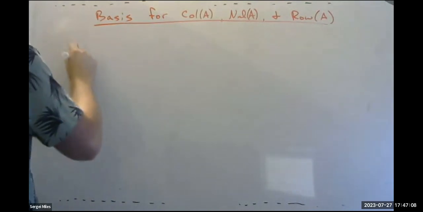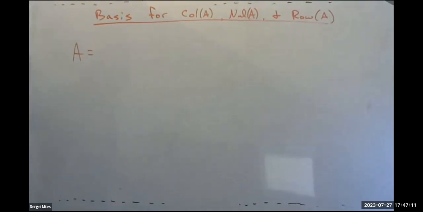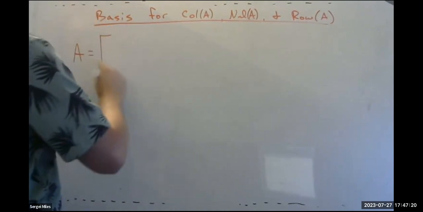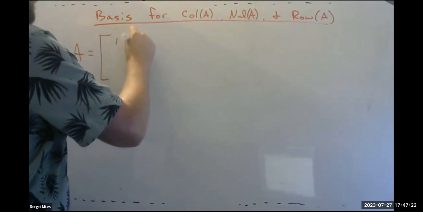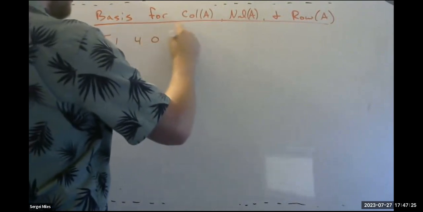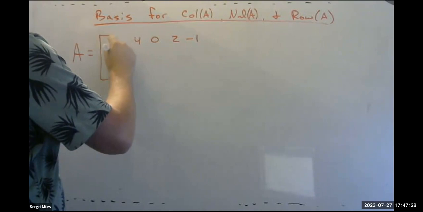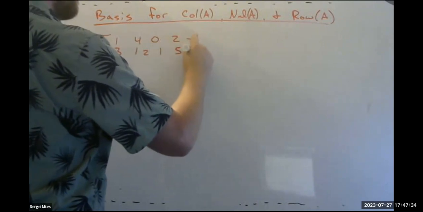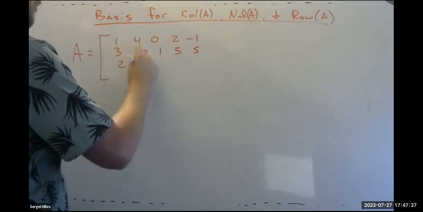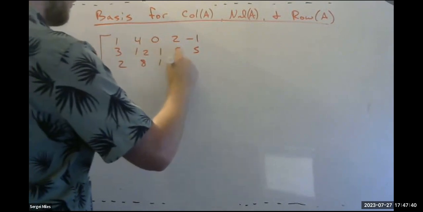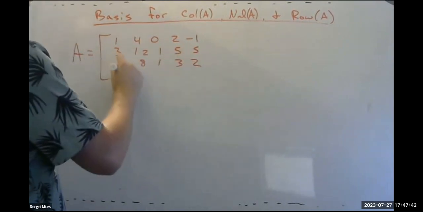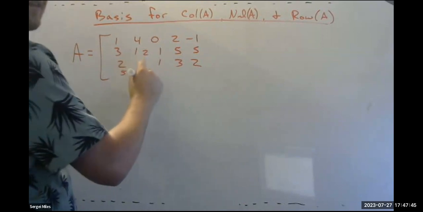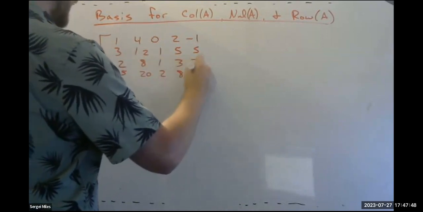All right, let's suppose my matrix A is, let's make it interesting. Let's say the matrix A is a 4 by 5. I have 1, 4, 0, 2, -1, 3, 12, 1, 5, 5, 2, 8, 1, 3, 2, and lastly, 5, 20, 2, 8, 8.